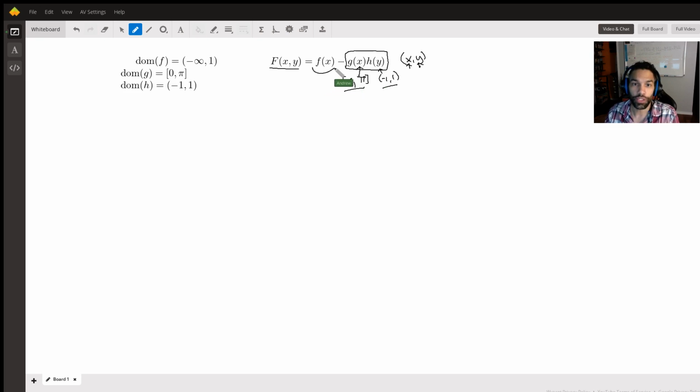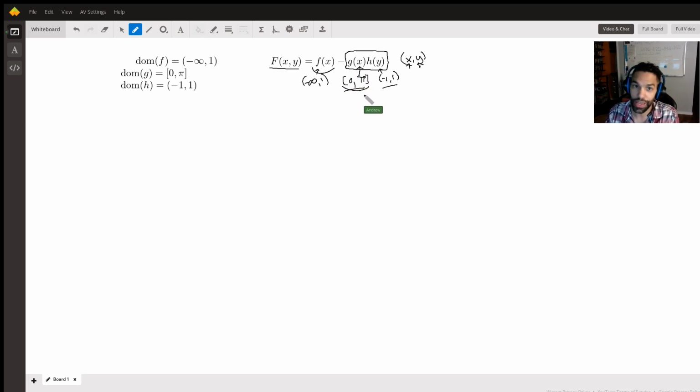So then we move over here to this f of x. We're given this domain as -∞, 1. But over in this part, we've already said x cannot be outside of this interval. So when we are looking at this as a whole thing, we think to ourselves, x has to be in both of those domains.